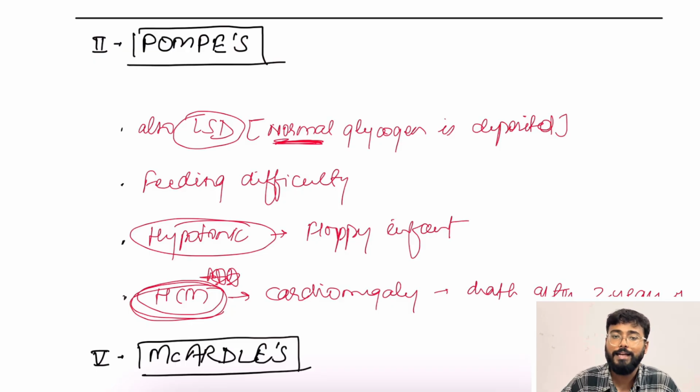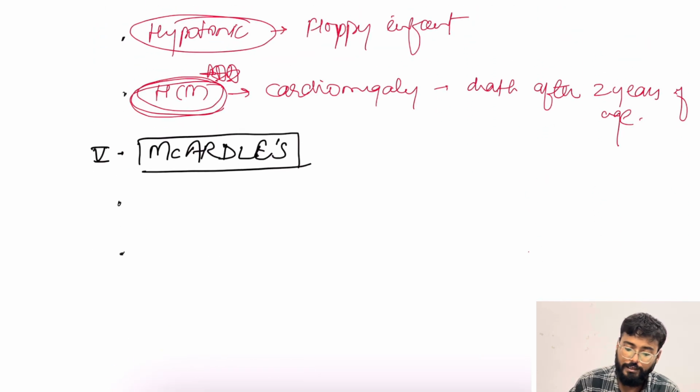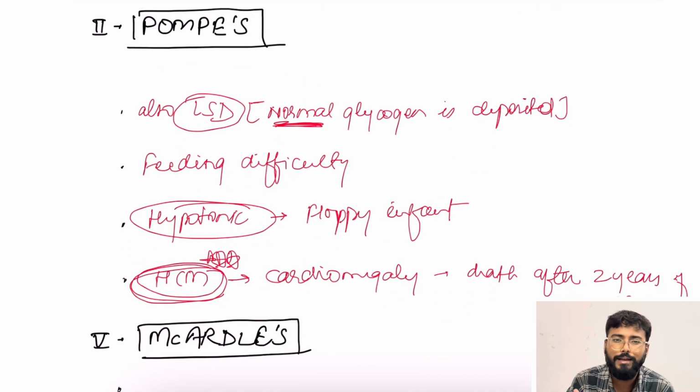That is your second GSD, and it is a form of muscle GSD. So how can you remember it? Pompe's and pump. The heart is a pump, it pumps blood. So Pompe's, pump, means something is related to the heart.